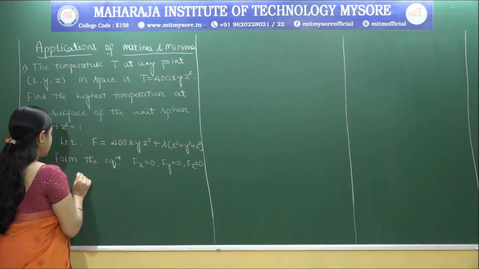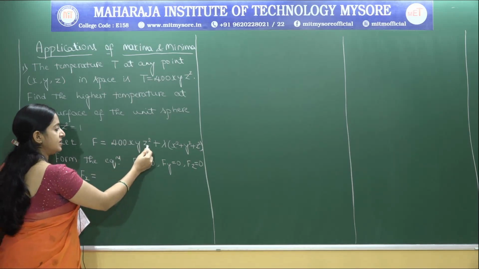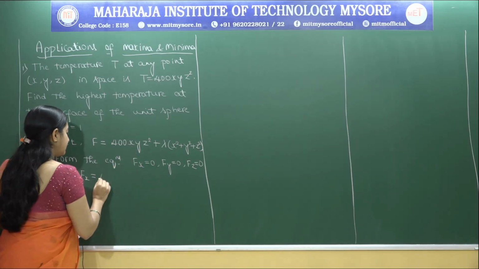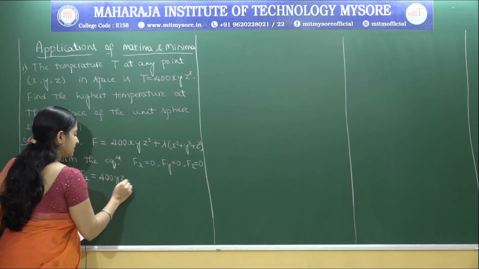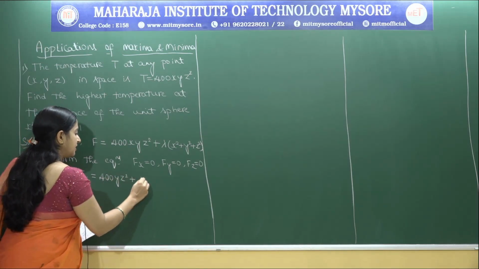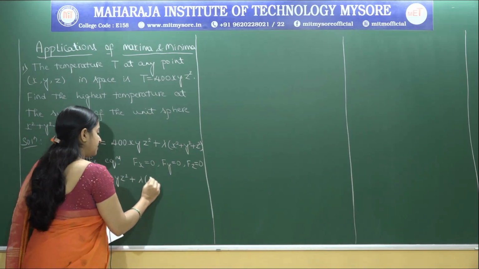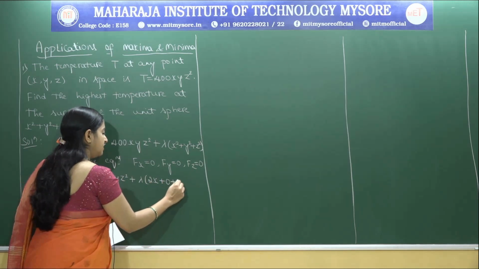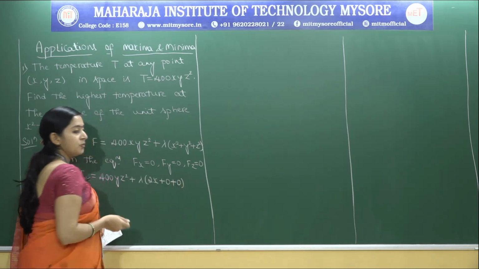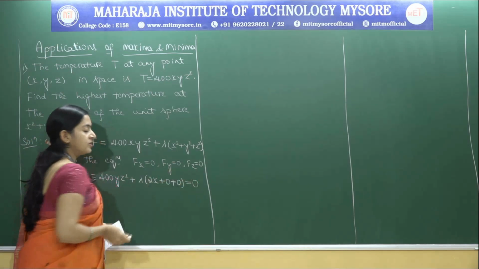The first one, with respect to x: fx equals, keeping the y and z terms constant, the x differentiation is 1, you will get 400yz squared plus lambda, a constant, keep it as it is, x squared differentiation 2x, y differentiation 0 and z differentiation 0. Then you have to equate this term to 0.